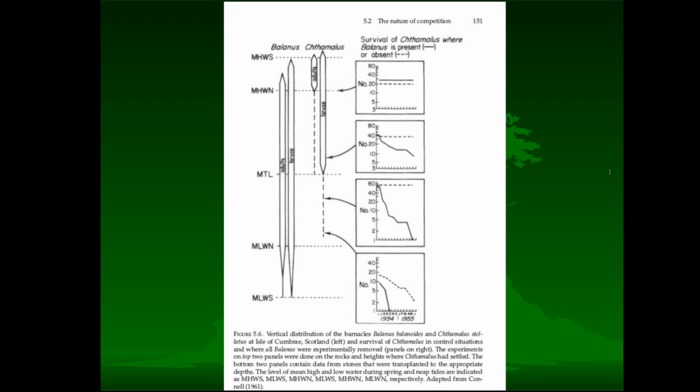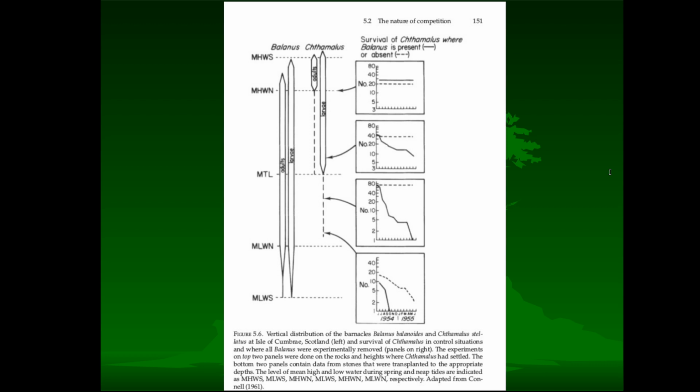All right, so where he scraped Balanus off the rocks, Thamylus adults survived, even down in the lower tidal elevation, well into the zone where they don't survive if the Balanus is not scraped off the rocks. And where he scraped the adult Balanus off in higher areas, the Thamylus response was no different from controls.